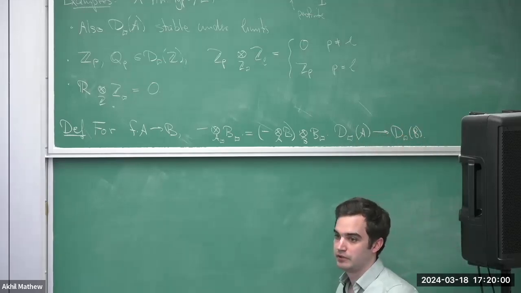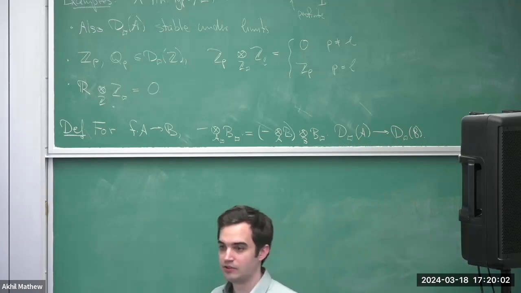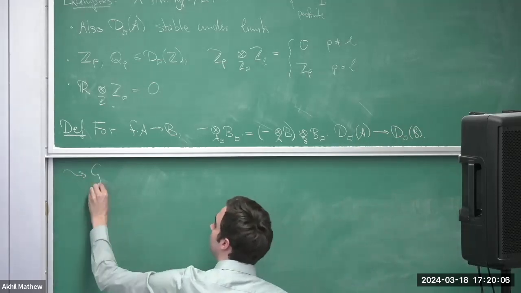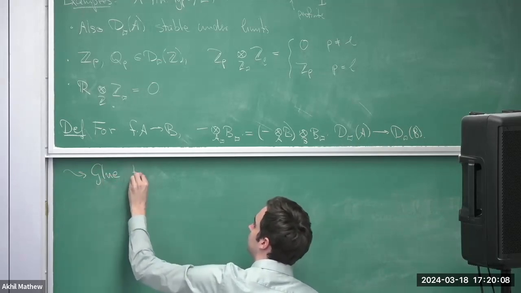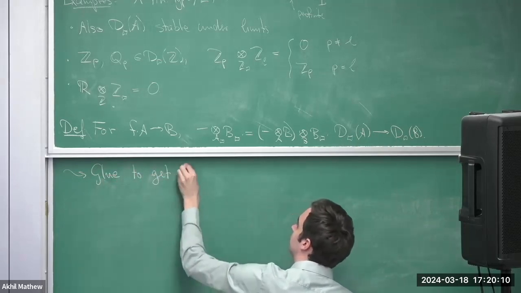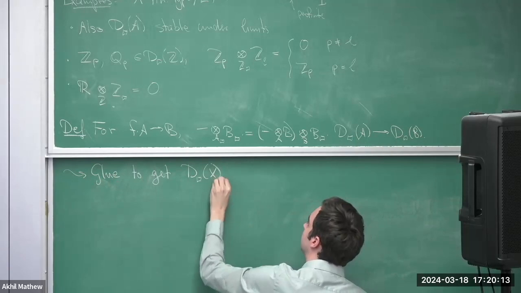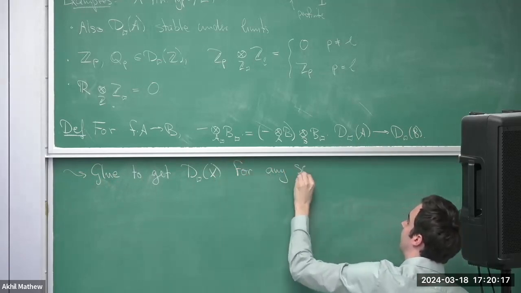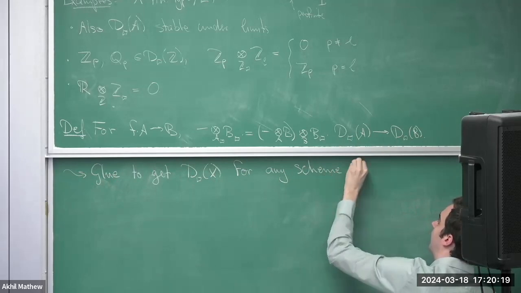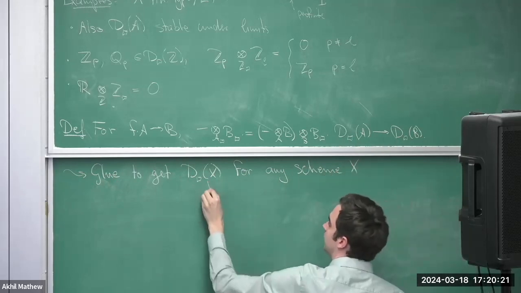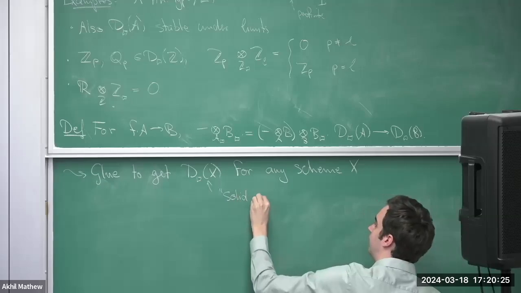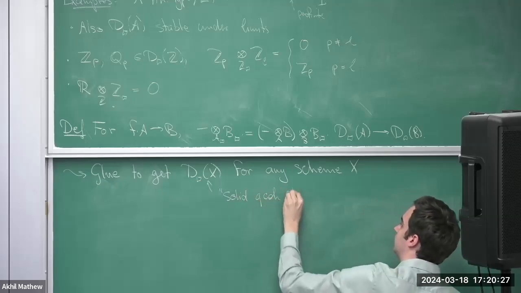So I do have a pullback, or just the usual base change of solid modules. And once I have this, I can glue to get the category D solid of X, for any scheme X. Then I call this solid quasicoherent sheaves.